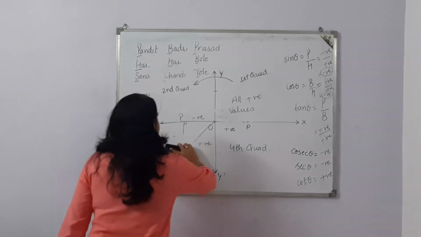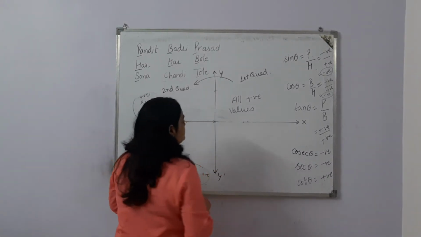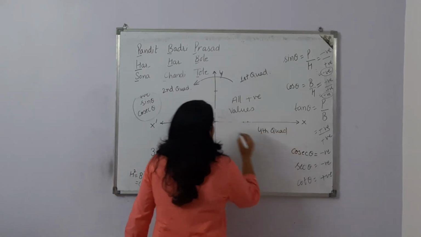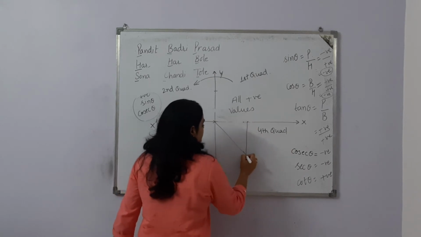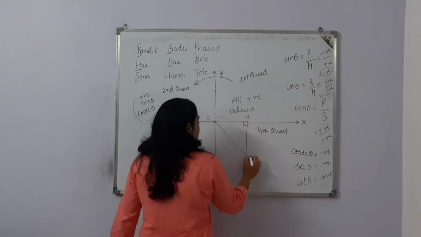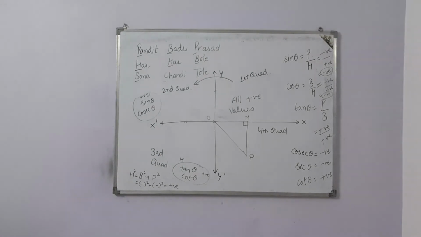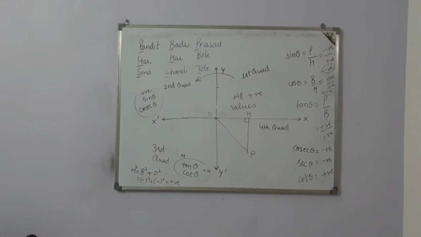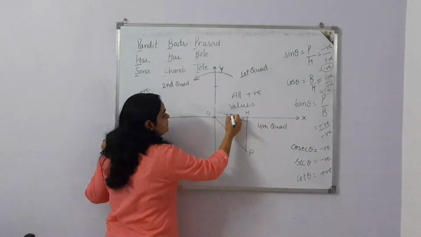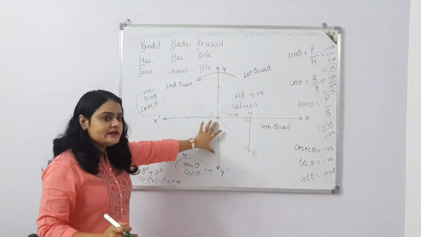Now, let's talk about the last quadrant, which is fourth quadrant. So again we are drawing fundamental triangle. This is O, M, P. Now in fourth quadrant, OM, base is on positive x-axis, where height MP, it is parallel to negative y-axis.